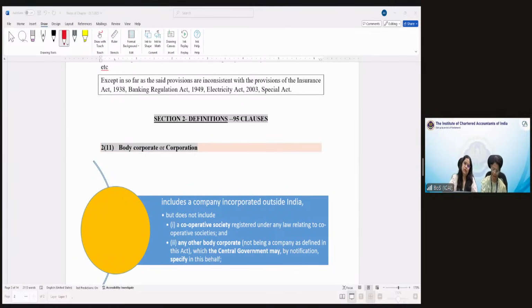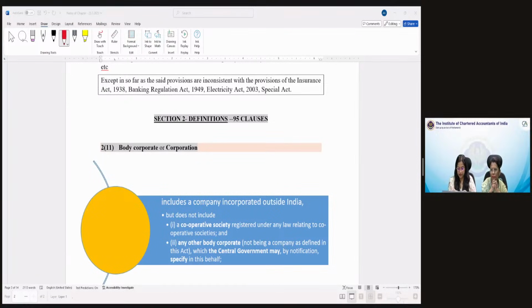Okay, so supposedly a term is defined in the definitional clause, but while reading a section, that term is again defined in a different manner. What will happen? Like the words total voting power. If in the definitional clause it means XYZ, and while reading a particular section it is given some other meaning, what will prevail?